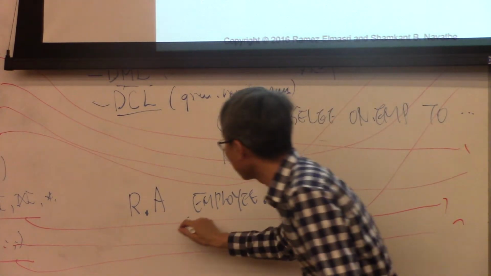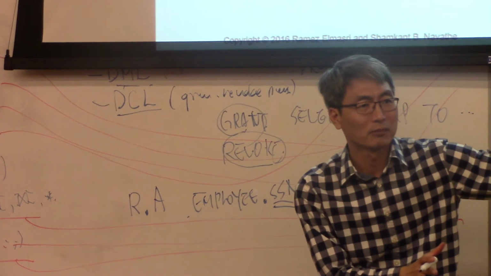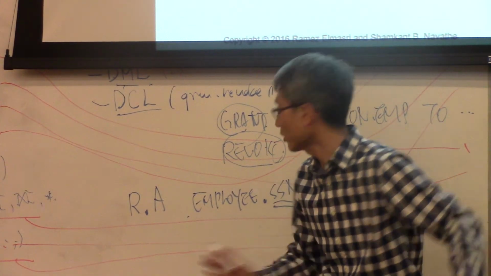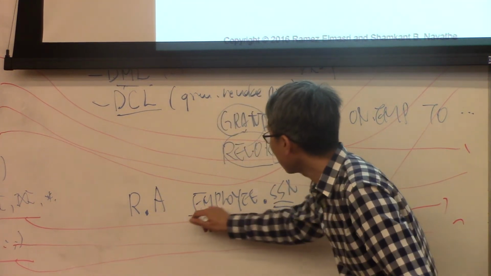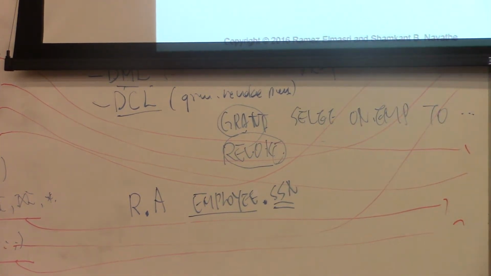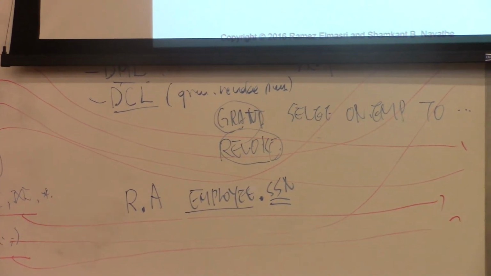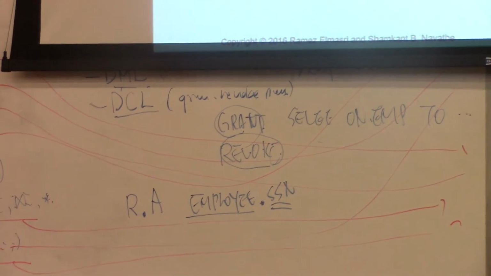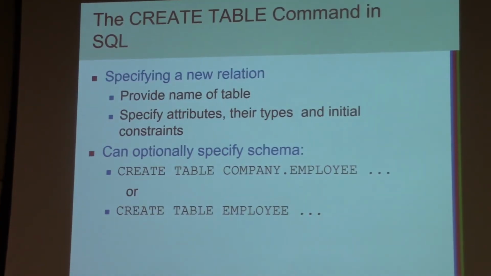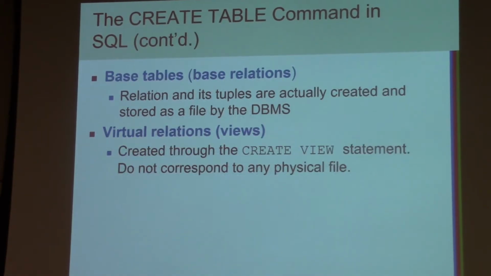Company is the schema, but we can omit it because we are going to use the username as the schema name. So it can be ignored, but still, if you want to specify, it is table name dot attribute name. So in this case, it is schema dot table name, but the schema name can be ignored. That is the reason you didn't use it in your exam exercise lab.